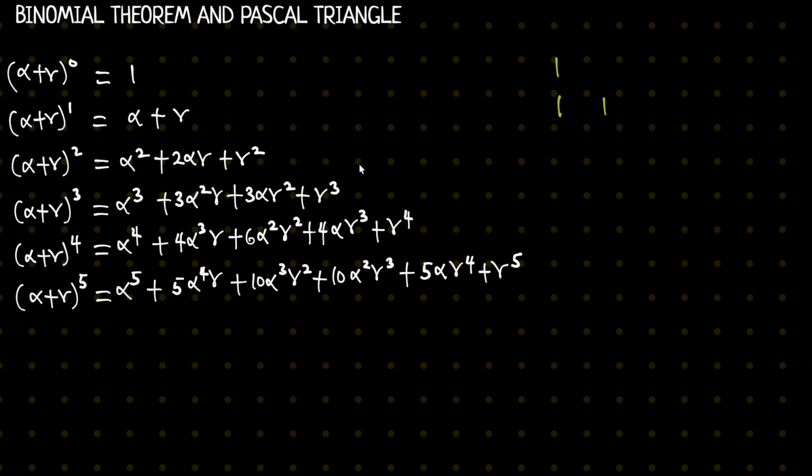Now for the third one, we have the coefficient of alpha squared is 1, the coefficient of alpha gamma is 2, and the coefficient of gamma squared is 1. So we will go on with the process. We have 1, 3, 3, 1. This is 1, 4, 6, 4, 1. This is 1, 5, 10, 10, 5, and 1.